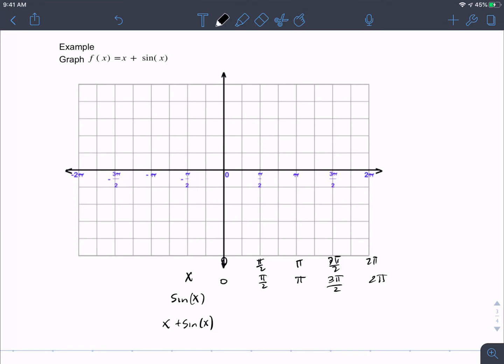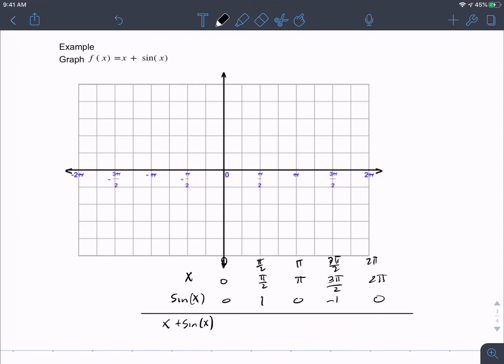Now sine of x: sine of 0 is 0, sine of pi over 2 is 1, sine of pi we know is 0, sine of 3 pi over 2 is negative 1, and sine of 2 pi is 0. So then, to get this bottom one, what we need to do is just simply add them.